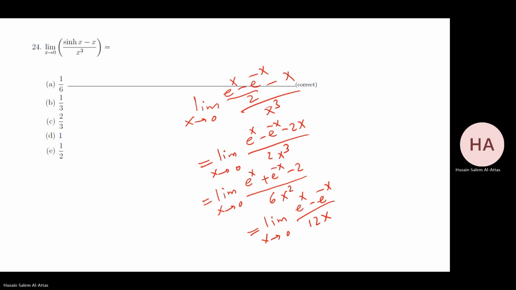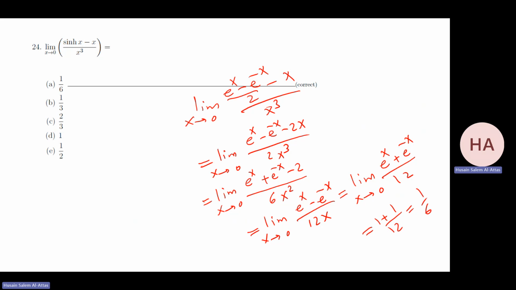Substitute, we'll get 0 over 0. Do it again. I'm getting limit as x goes to 0 of (e to the power x plus e to the power minus x) over 12. Substitute, we're getting 2 over 12, which is 1 over 6.